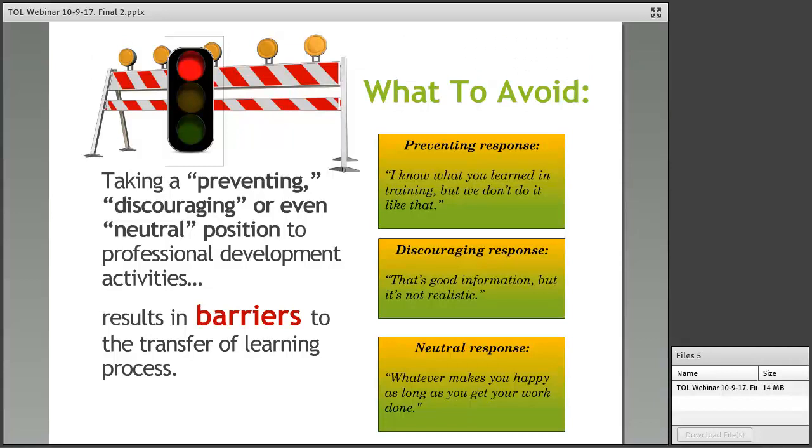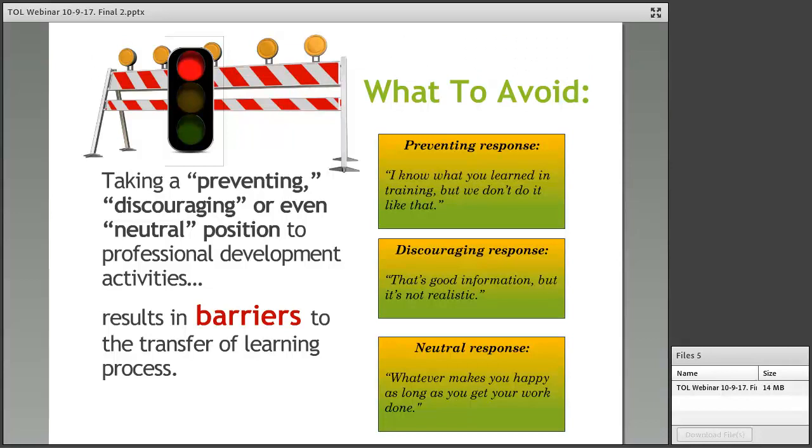So preventing positions sound like, I know what you learned in training, but we don't really like it and we don't do it like that. Or we've always done this work in this way. That's how we're going to do it. I know somebody says we should maybe change our habits, but just go ahead and take the training and we'll move on from there.